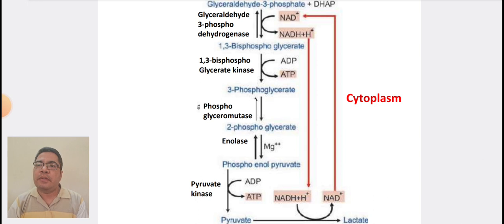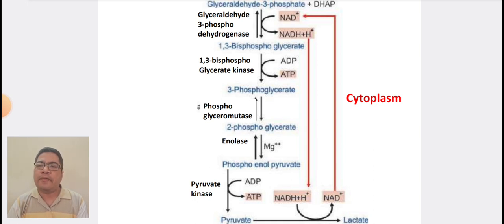Then we have glyceraldehyde 3-phosphate converted to 1,3-bisphosphoglycerate with the enzyme glyceraldehyde 3-phosphate dehydrogenase and conversion of NAD plus to NADH plus H plus. Then we have 1,3-bisphosphoglycerate converted to 3-phosphoglycerate in the presence of enzyme 1,3-bisphosphoglycerate kinase and a conversion of ADP to ATP.